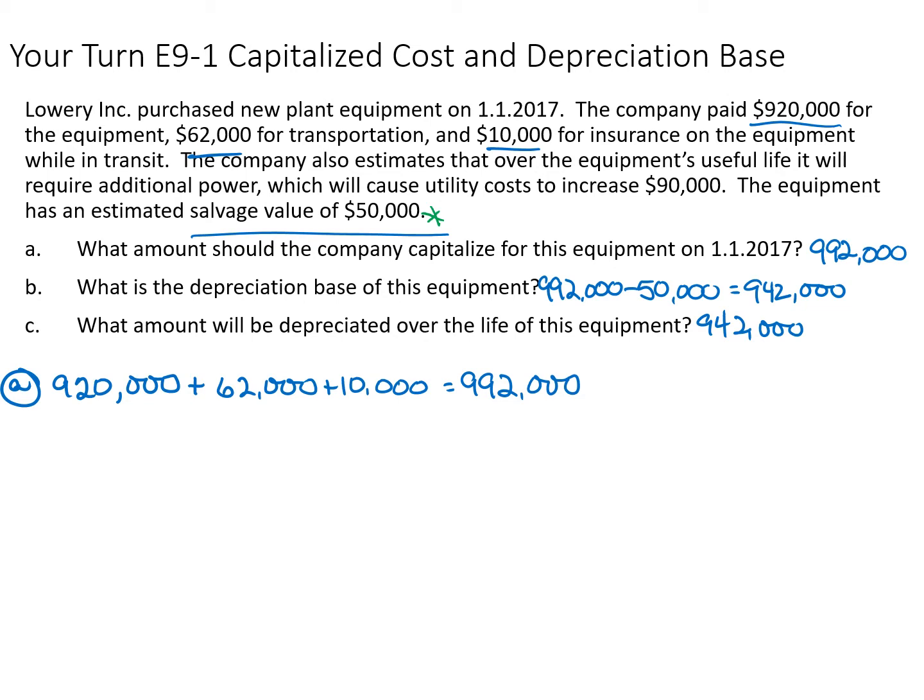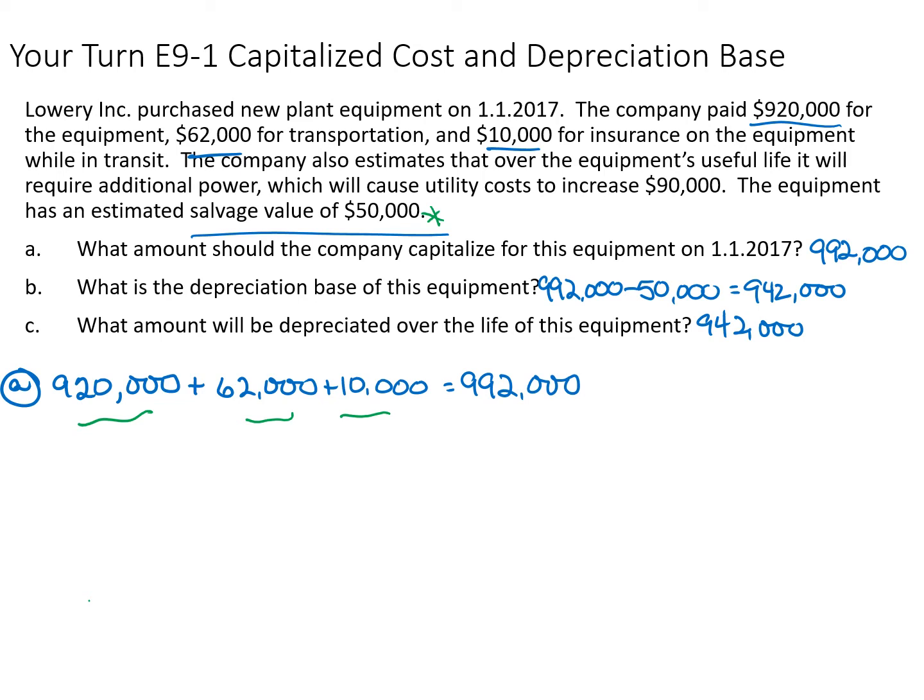So let's look at the questions. Part A, what amount should the company capitalize for this equipment? It should capitalize the $992,000, and that includes the equipment, the transportation, and the insurance while in transit. Part B, what is its depreciable base? In other words, how much will you depreciate?